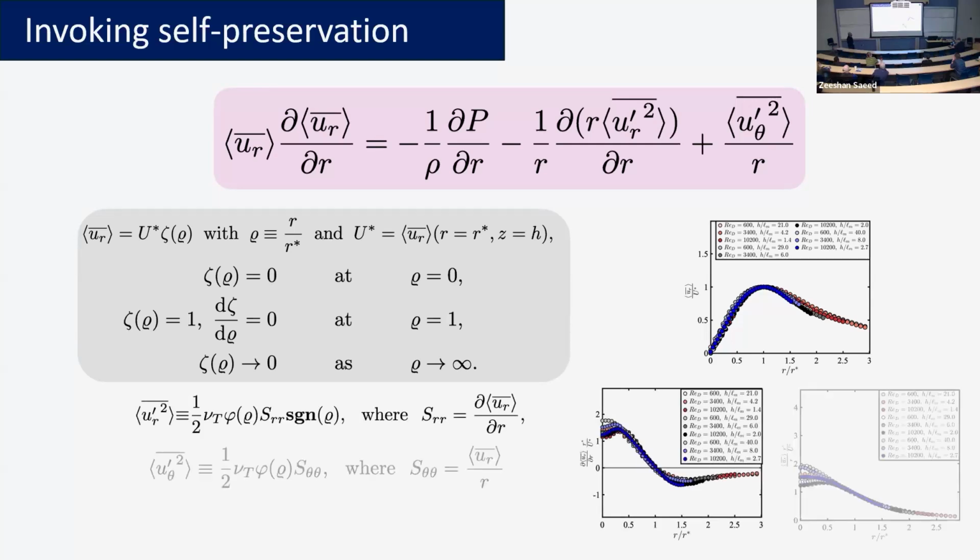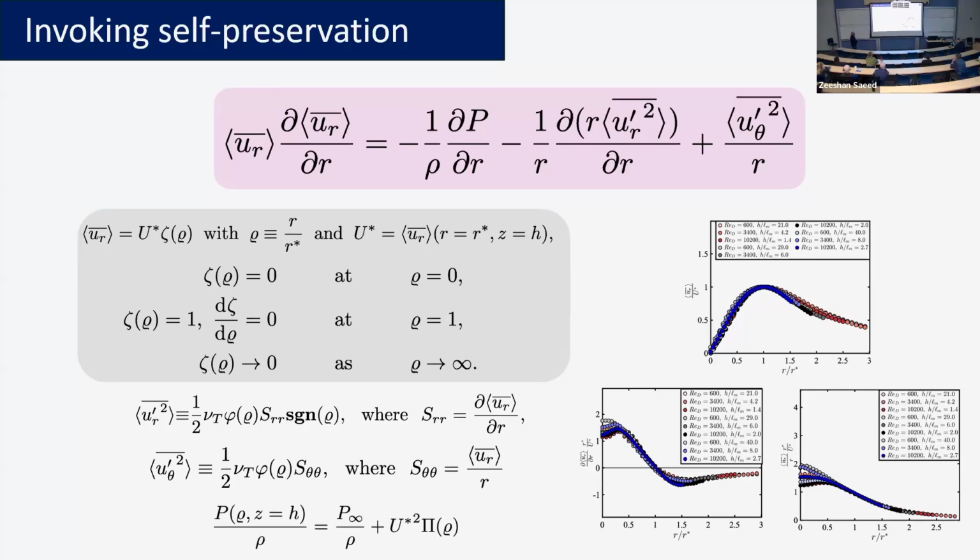I also have to model my Reynolds stresses, which I do with my strain rates, and that's again assumed, confirmed with the data, that if these profiles are so similar, then the turbulent fluctuations should also be following some self-similar form.